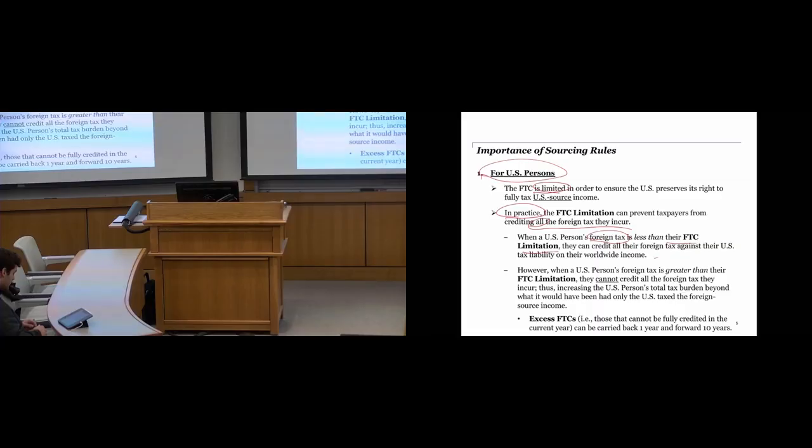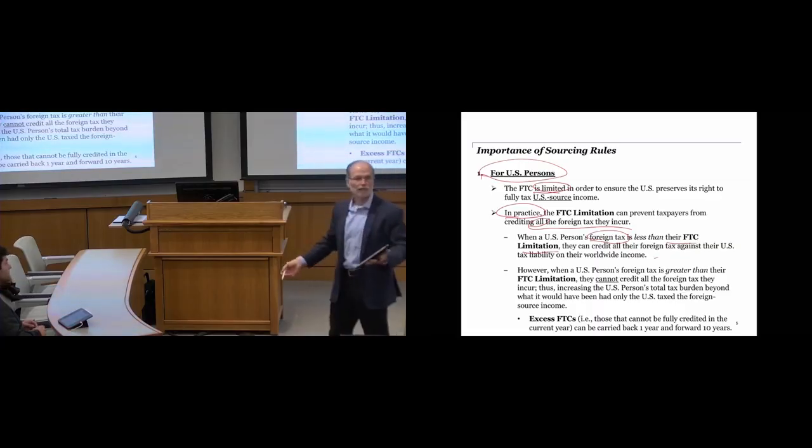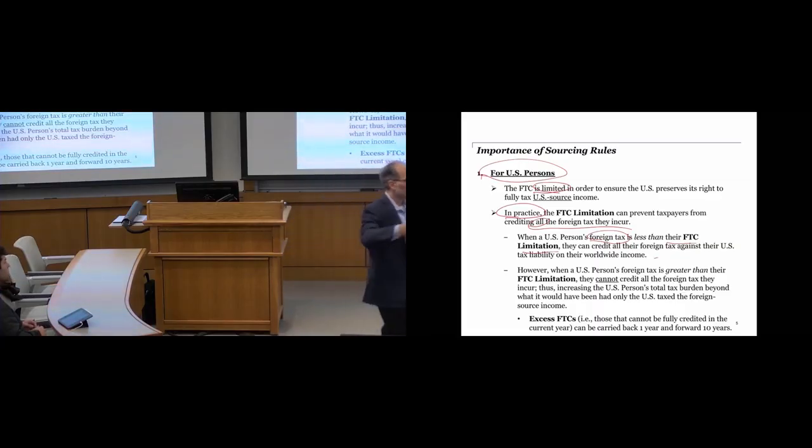That's a good place to be. If I can keep that limitation higher than the amount of foreign tax I pay, then I can claim all of the foreign tax I pay. However, when the U.S. person's foreign tax is greater than the FTC limit, they cannot credit all of the foreign tax they incur. That increases their total tax burden beyond what it would have been if they had done that entire activity in the United States.